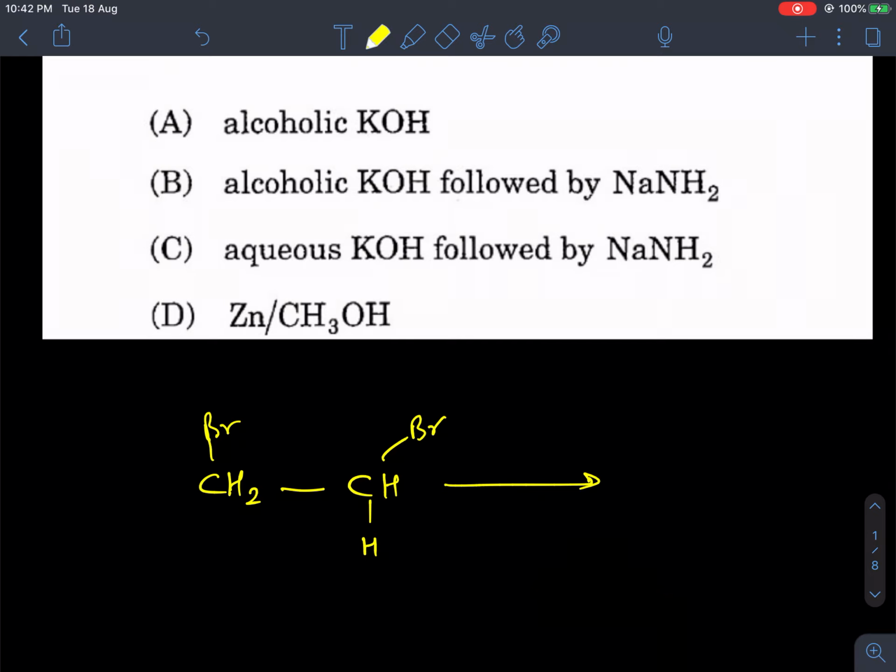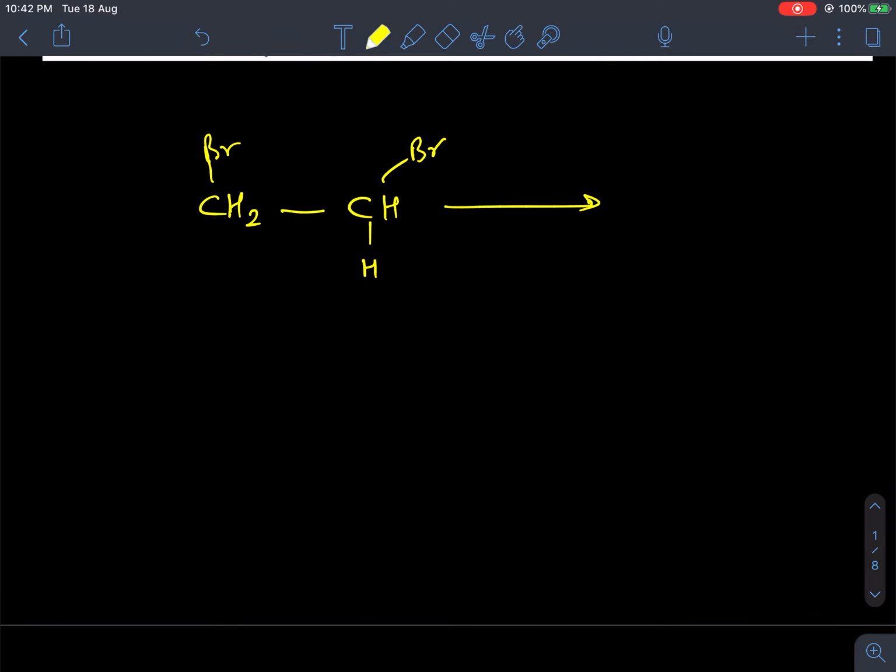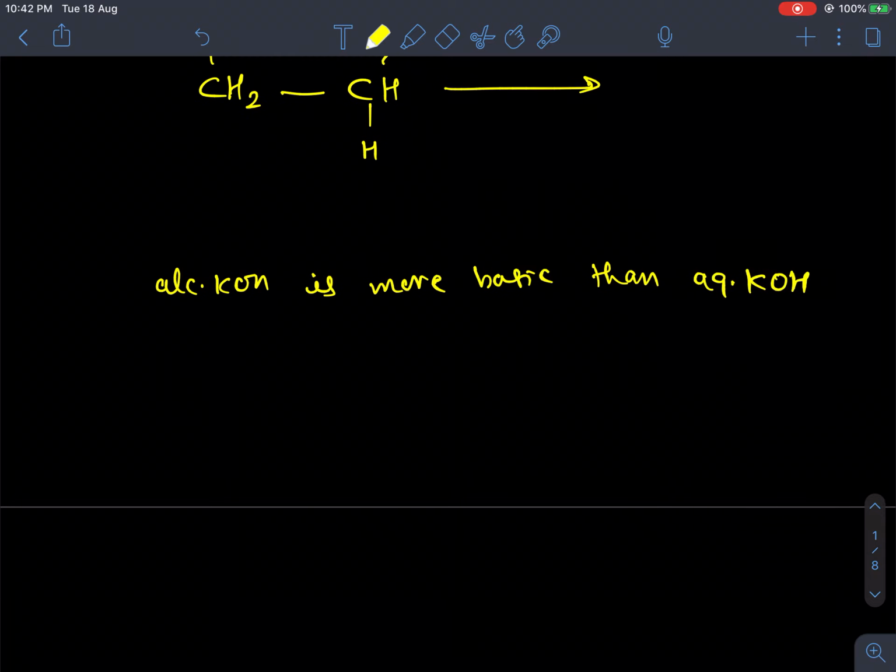Now what I am saying here is that alcoholic KOH is more basic than aqueous KOH. Why is it like that? See, the difference between these two solvents is the R group. Alcoholic means some R group will be there and then there will be an OH bond, whereas aqueous means we have the smaller group HOH.